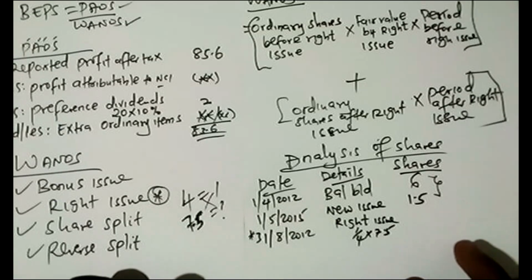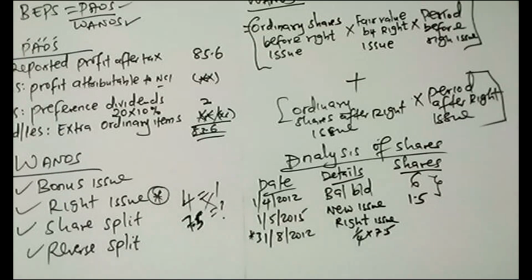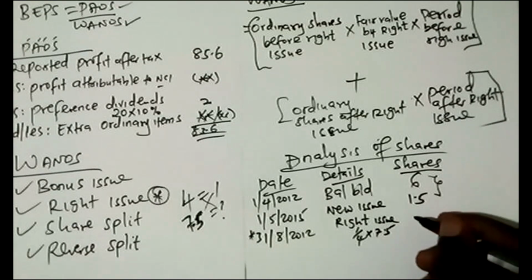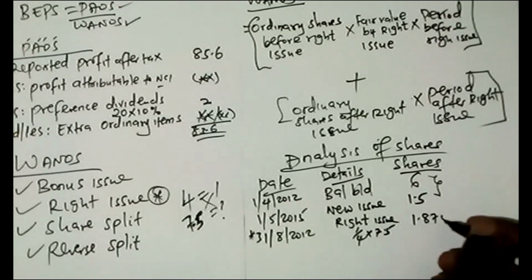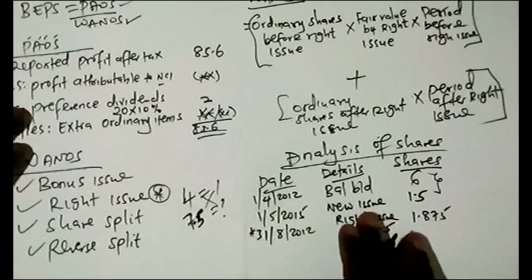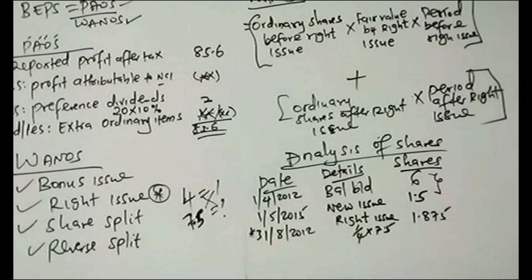So if you take a quarter of 7.5, what are you getting? 7.5 divided by 4 is 1.875.